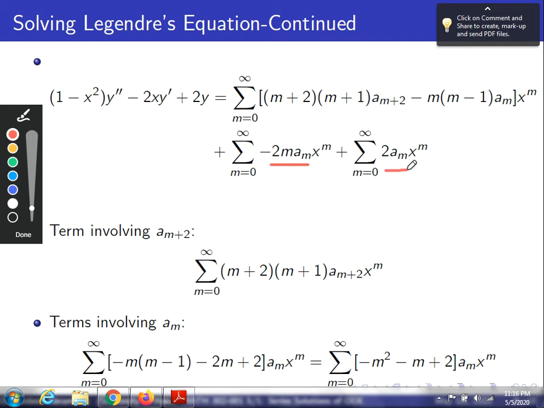And there's this term, 2 a sub m. Factoring a sub m out of all those terms leaves negative m times (m minus 1) minus 2m plus 2. So this becomes negative m squared plus m minus 2m plus 2, which is the same as negative m squared minus m plus 2. So these are all the terms that involve a sub m. This is a term that just involves a sub n plus 2.